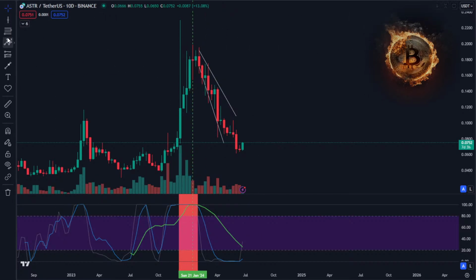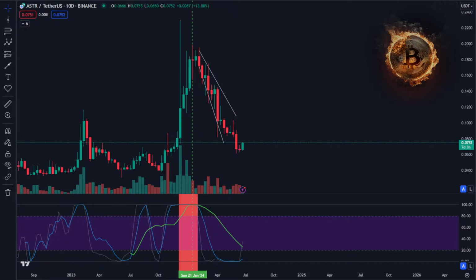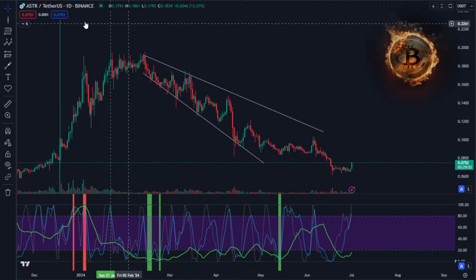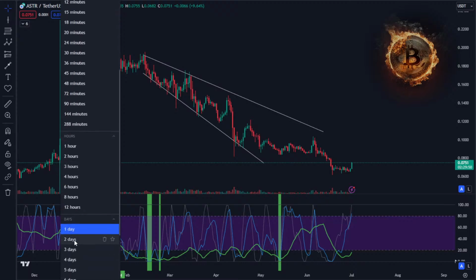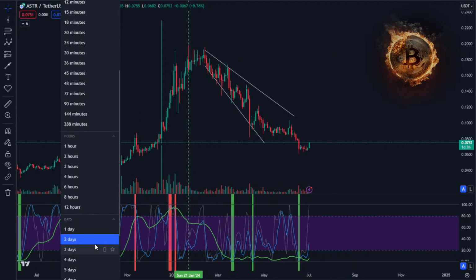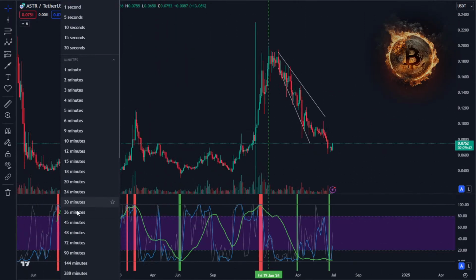First, we're identifying whether this is a true reversal or not. When you zoom in on the 1 day, it looks like not really. The 3 day, or the 2 day, is actually going to be better to look at.